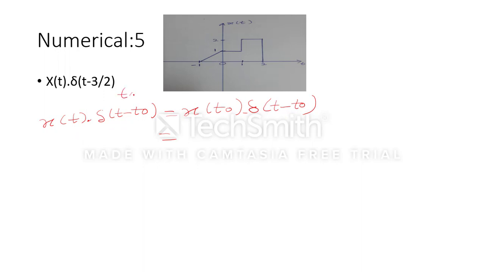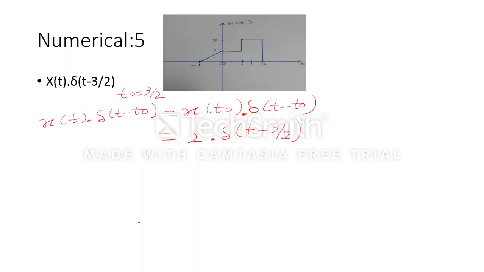Here t naught is nothing but 3 by 2. So x t naught will be present over here, and its magnitude will be 2, multiplied by delta t minus 3 by 2.